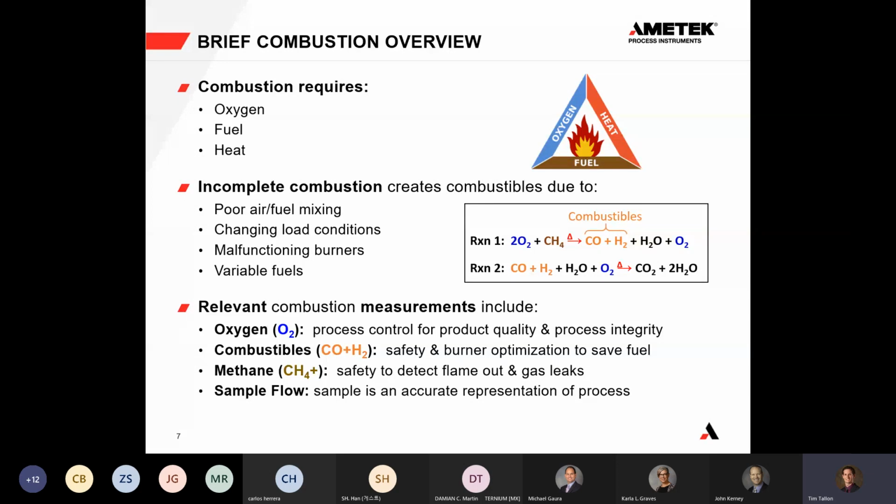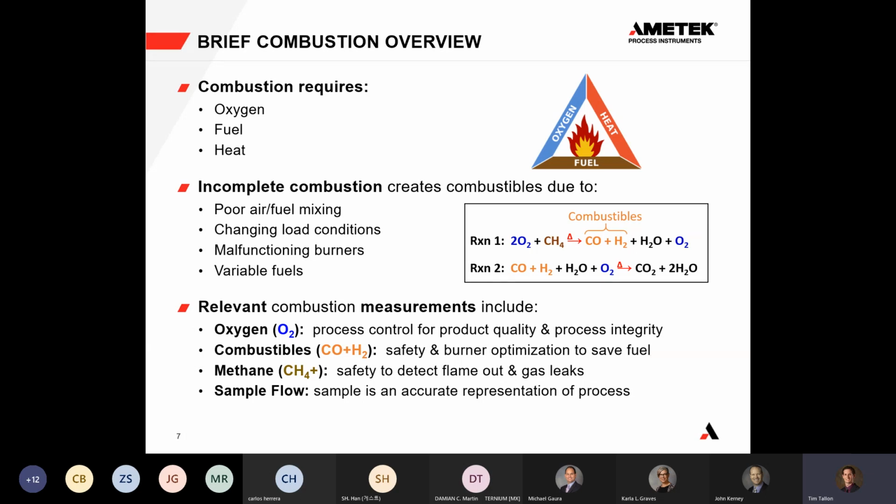Those are what we call combustibles, carbon monoxide and hydrogen, those combustibles. And those intermediates will react further to carbon dioxide and water if enough oxygen is present. But low levels of incomplete combustion are normal, but it can be a concern if there's a high level of combustibles. Basically, you don't get the full heating value from the fuel.